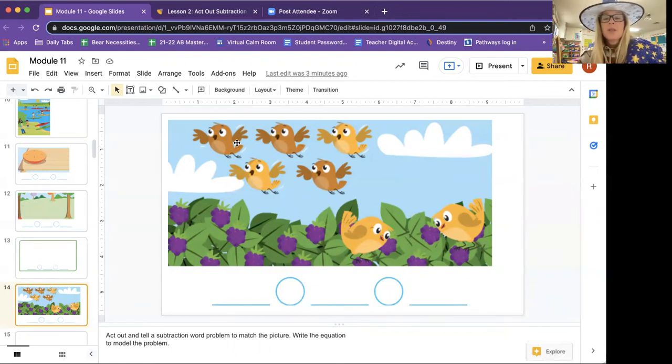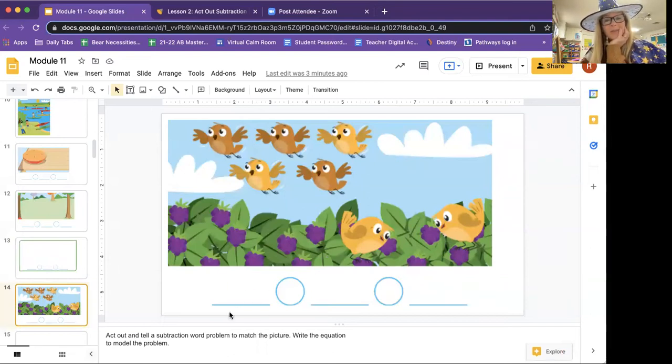Here's my story. There are 7 birds eating berries. 1, 2, 3, 1, 2, 3, 4, 5, 6, 7. 7 birds eating berries. 5 of them got full and flew away. How many are still eating berries? Well, I started with how many.